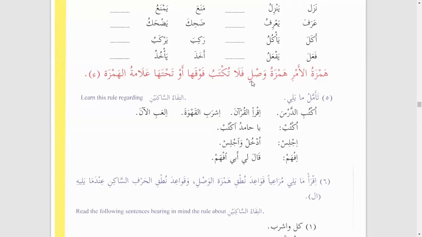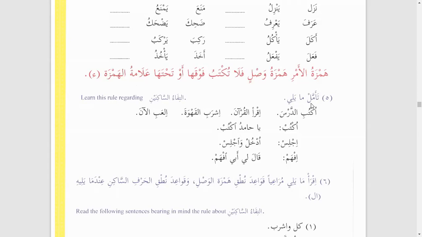What is not written? Fawqaha aw tahtaha alamatul hamzati. The sign of Hamza is not written on it or under it. So when we write Hamzatul Wasl, we do not put it over there. We only put Dhamma or Kasra.